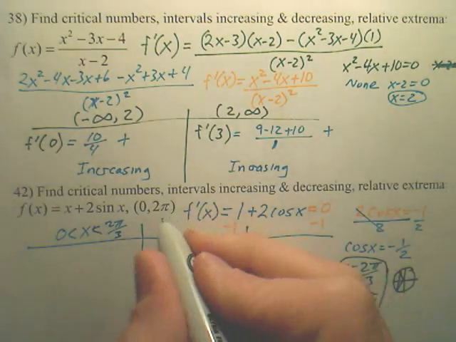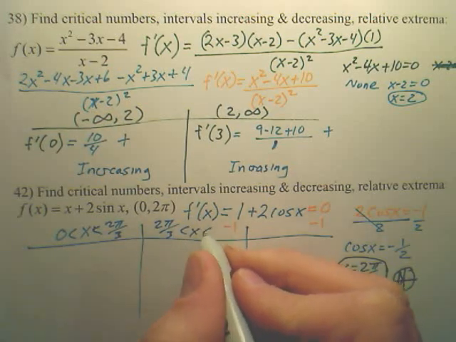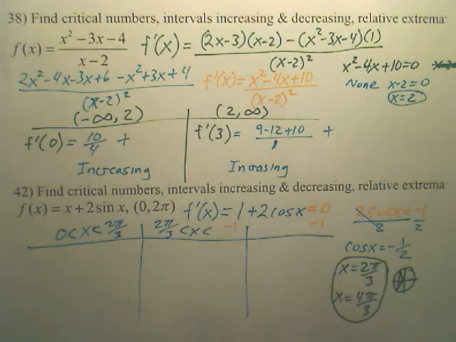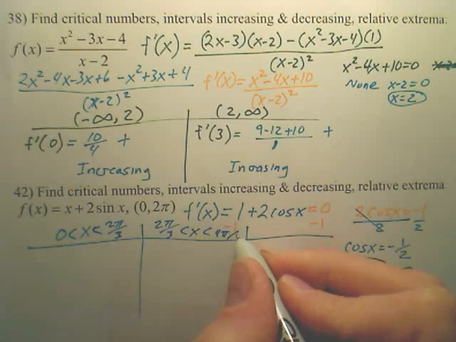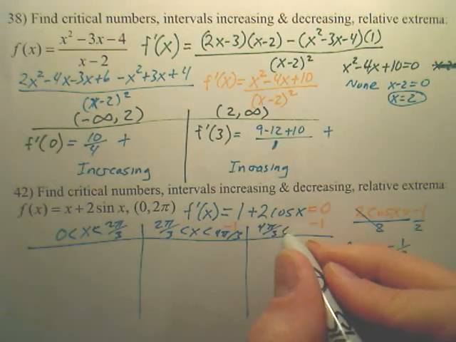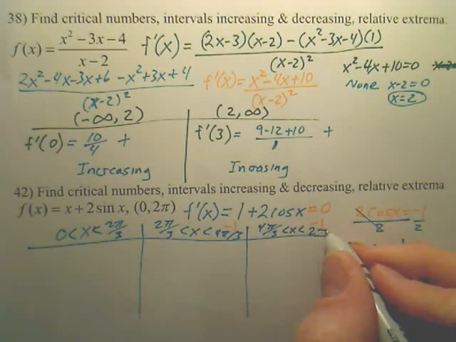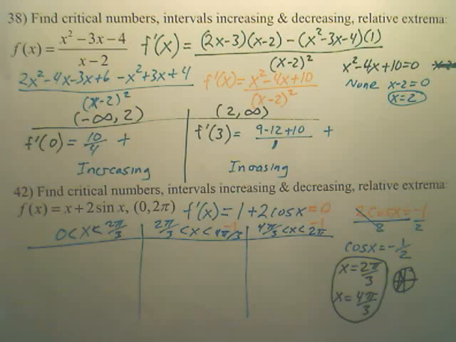Is that correct? Yeah. And then from 2 pi over 3 to what? To 4 pi over 3. And then from 4 pi over 3, kind of squeezing these in, to 2 pi.